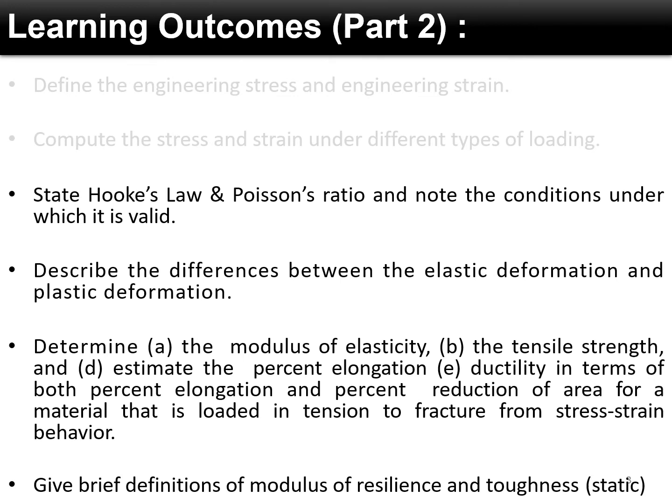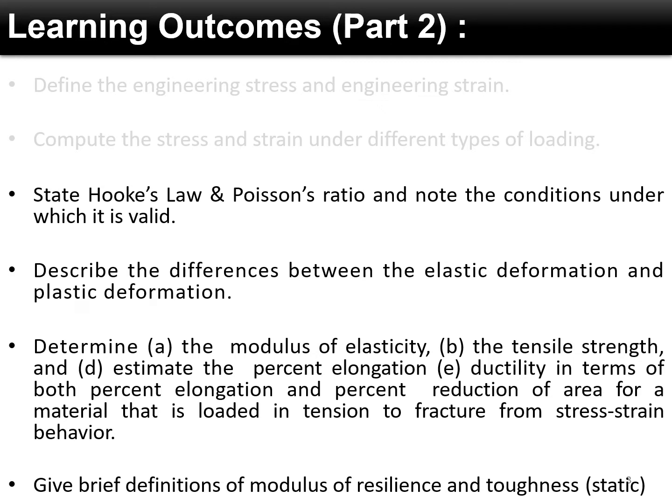The learning outcomes: you are going to state Hooke's law and the Poisson ratio, and note the conditions under which it is valid; describe the differences between elastic deformation and plastic deformation; determine the modulus of elasticity and the tensile strength; and estimate the percent elongation and ductility, in terms of both percentage elongation and percentage reduction of area, for a material loaded in tension to fracture from the stress-strain diagram.